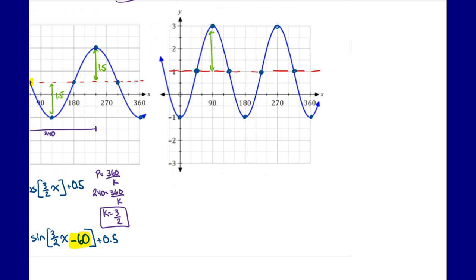So from 1 to 3 is 2, or from 1 to -1 is also 2. And our period, we start here and we repeat to here, that's 180 degrees. So one small little calculation beforehand, I want to use that P equals 360 divided by K. 180 equals 360 over K. K equals 2.